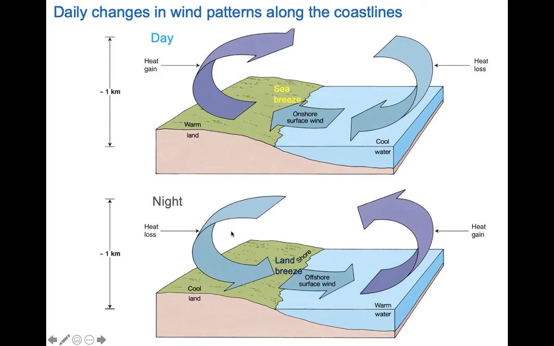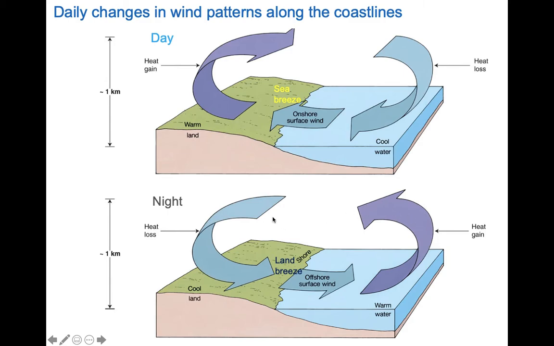Later at night, the ocean water now is warmer in comparison to the land, and therefore there's this air rising from the warm ocean surface, and the land gets cold at night because there's no sunlight, and so that air sinks and then moves offshore to replace the rising warm air over the ocean surface.